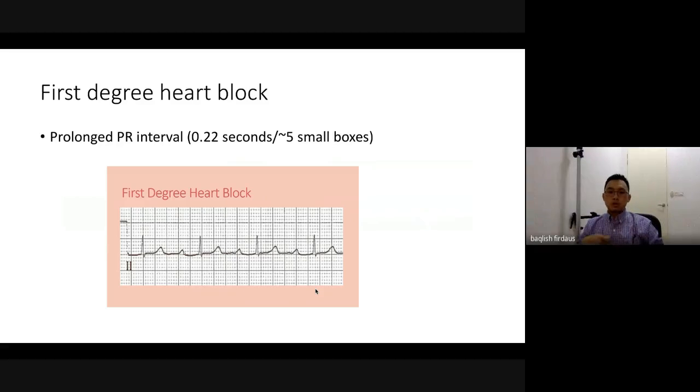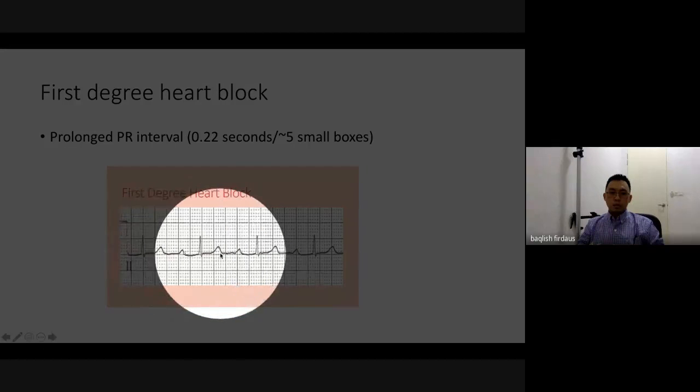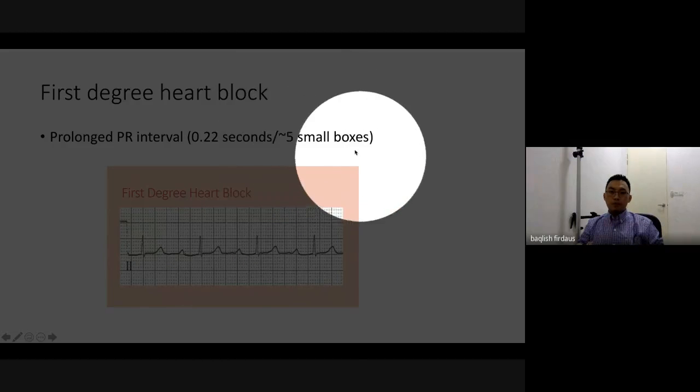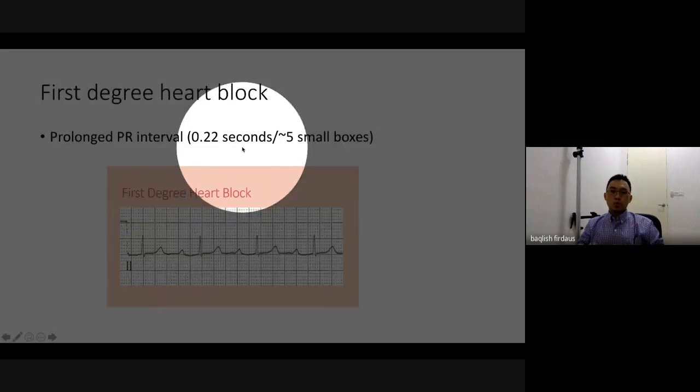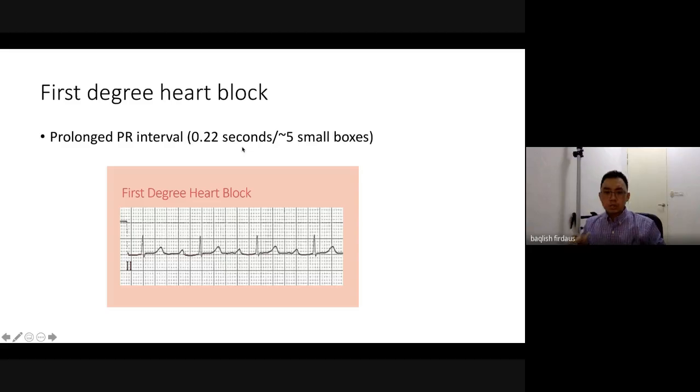So what is first degree heart block? First degree heart block is still very easy. Usually the heart rate will be less than 60, or sometimes can still be more than 60. But the PR interval will be more than 5 small boxes, or 0.2 seconds. I always emphasize the number of boxes so that you can remember well.